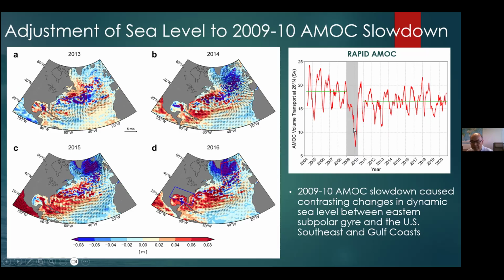And the AMOC stayed at a weaker level after this event compared with the period before 2009, 2010. The green lines show the mean AMOC strength before and after the 2009, 2010 slowdown event.